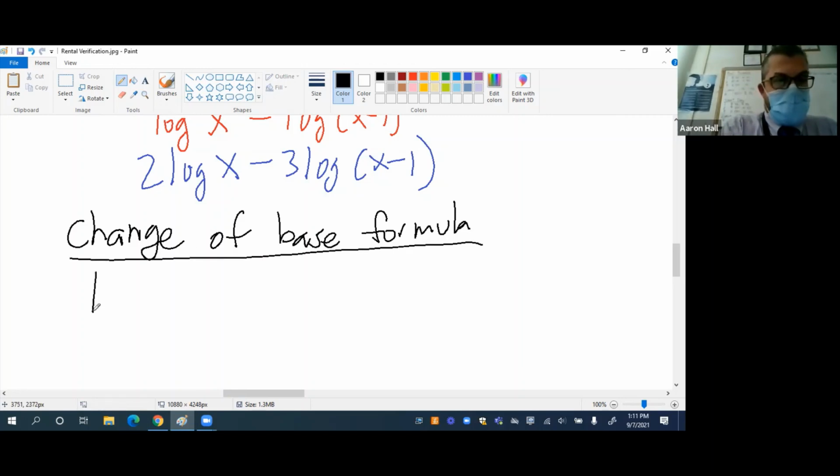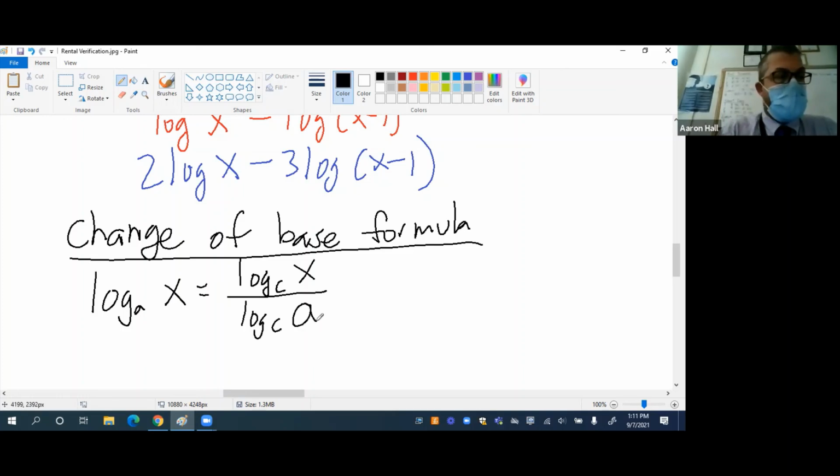This is if I have log base anything of x, I can rewrite this as log base something else of x over that same new base of a. We can do that with log base 10 or ln or anything else.